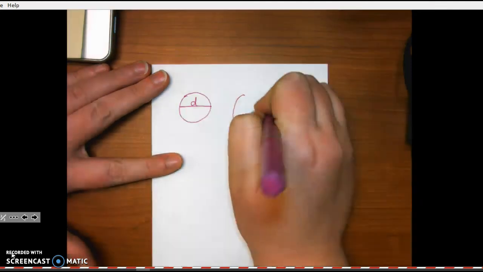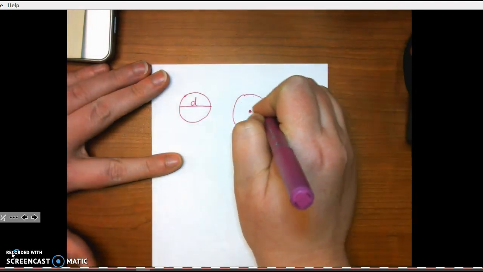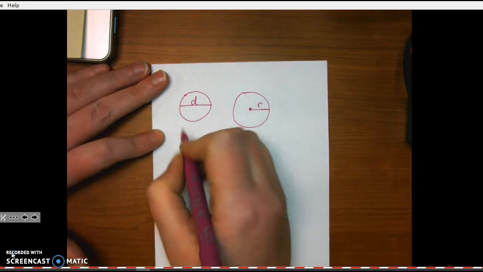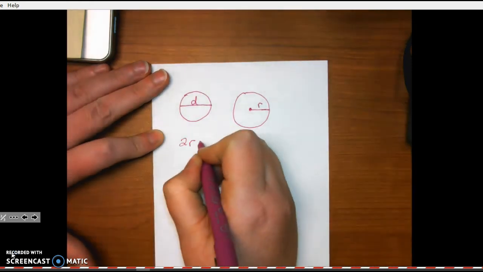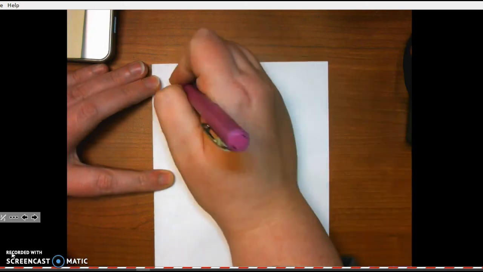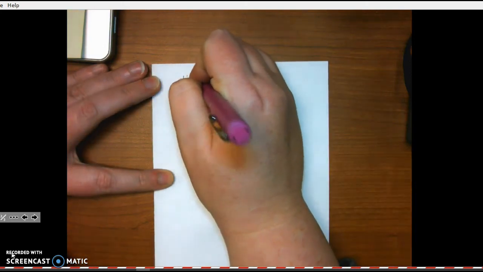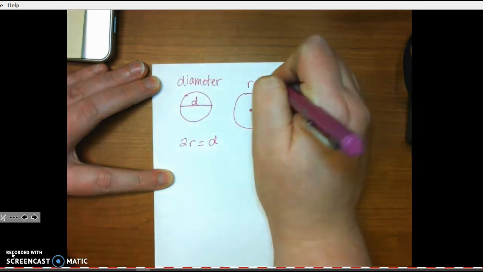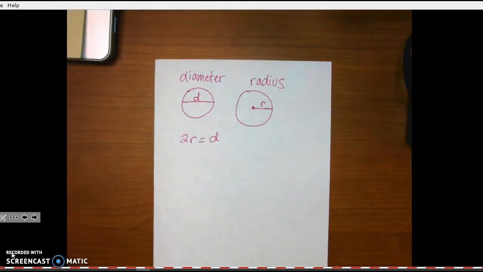But did you also know that this is our radius? And it takes two of those to give us a diameter. Okay, so there's some basic vocabulary. I know 6th grade is really big on vocabulary.